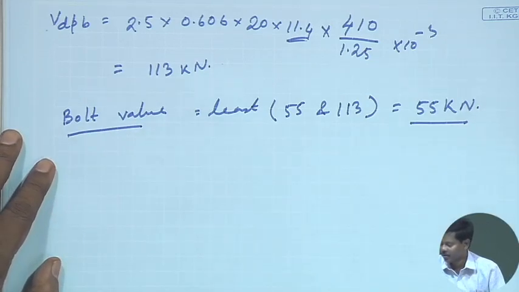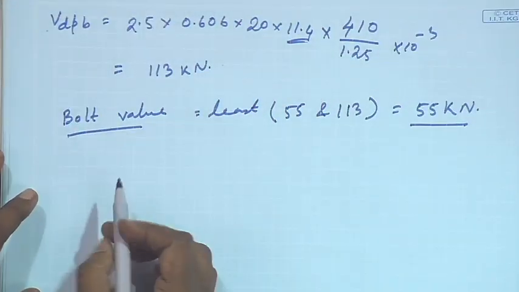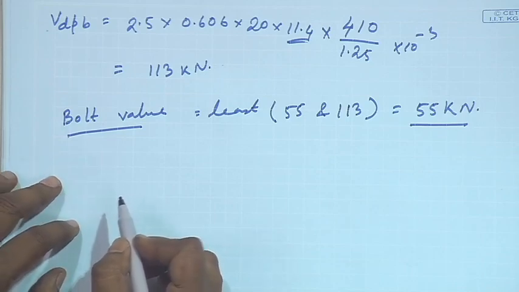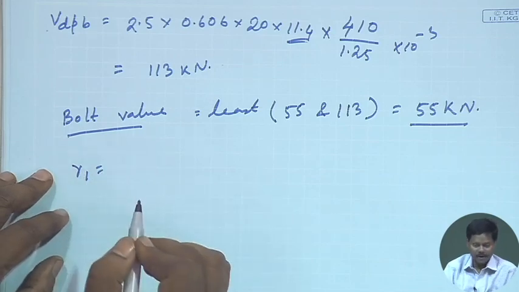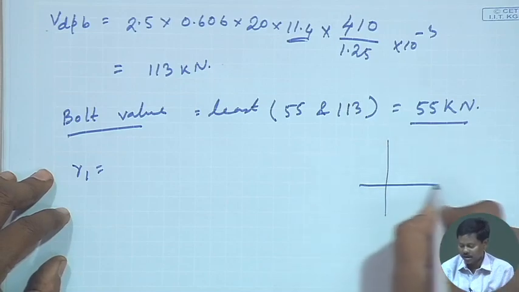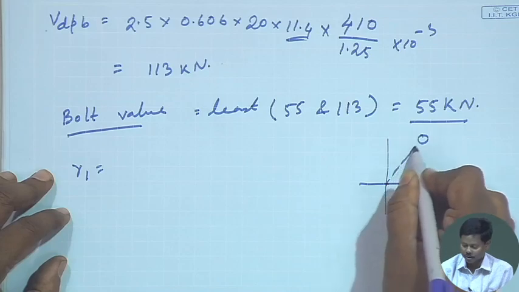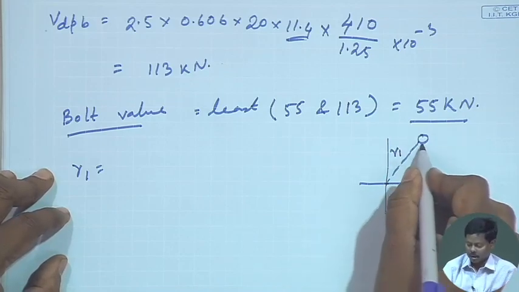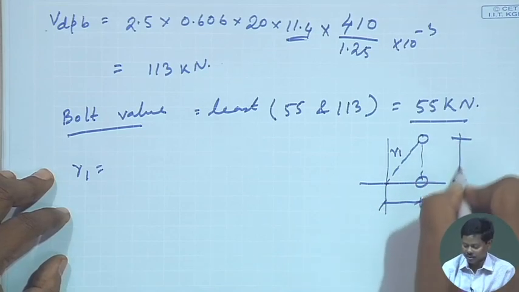Now, we have to find out what bolt reaction is coming due to the external force and its moment. Here R1 we can find out. R1 means, if we see here, this is one bolt, this is another bolt. So, R1 will be the square root of this distance square plus this distance square.